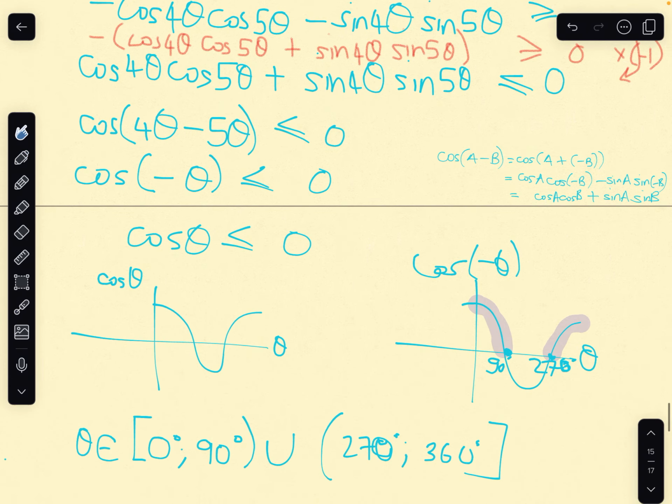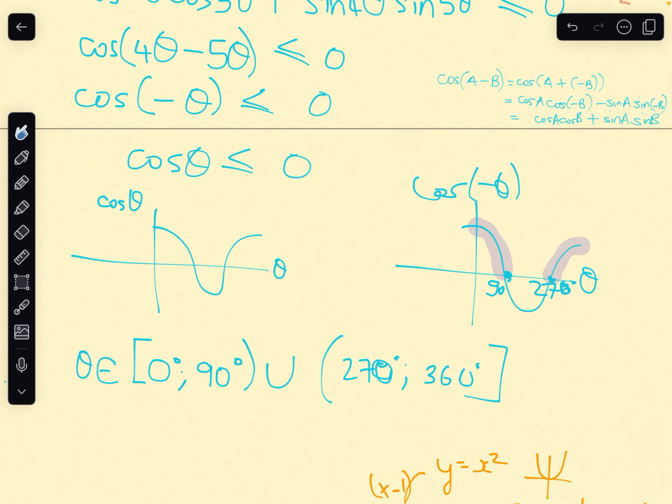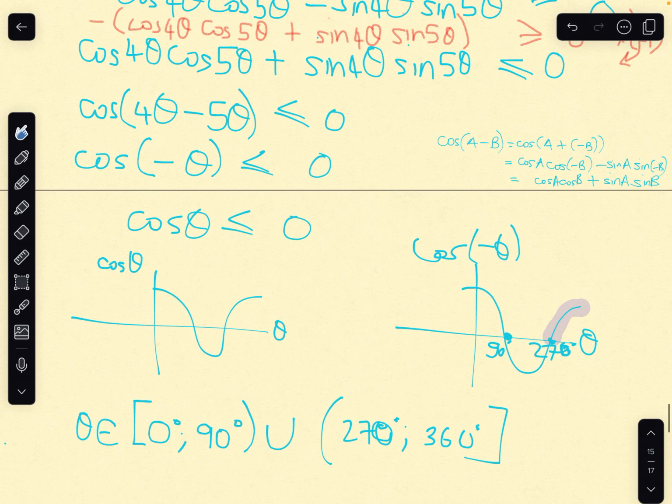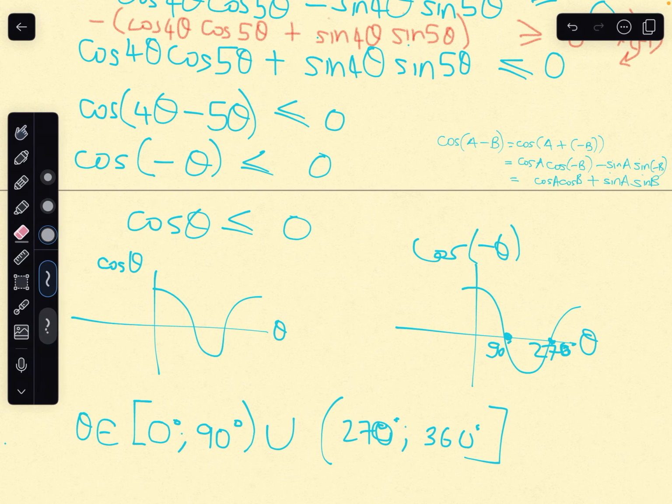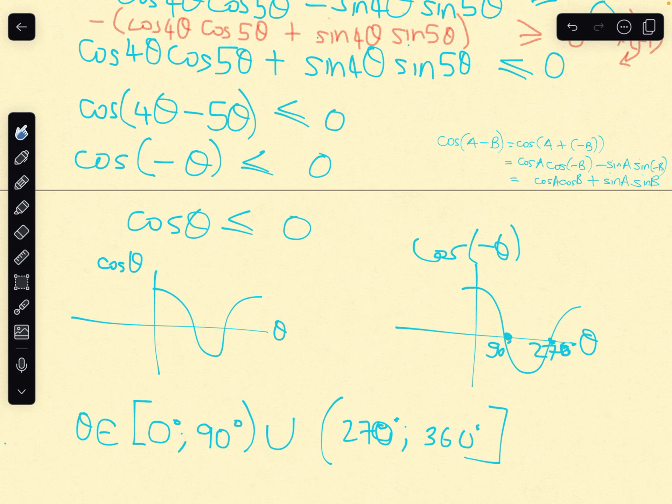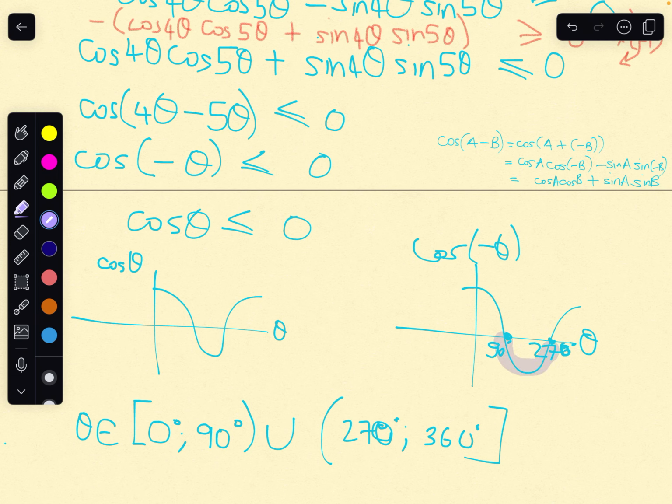Right, so now over here, instead of caring about these parts, we're looking for the parts where the function is below the x-axis, or we have values equal to 0.